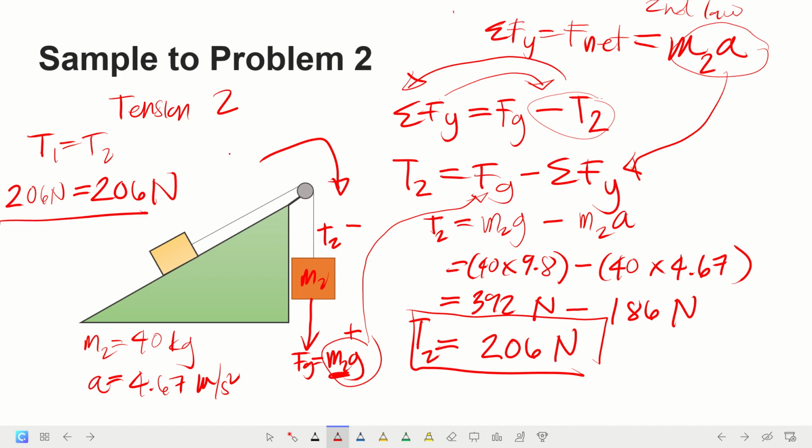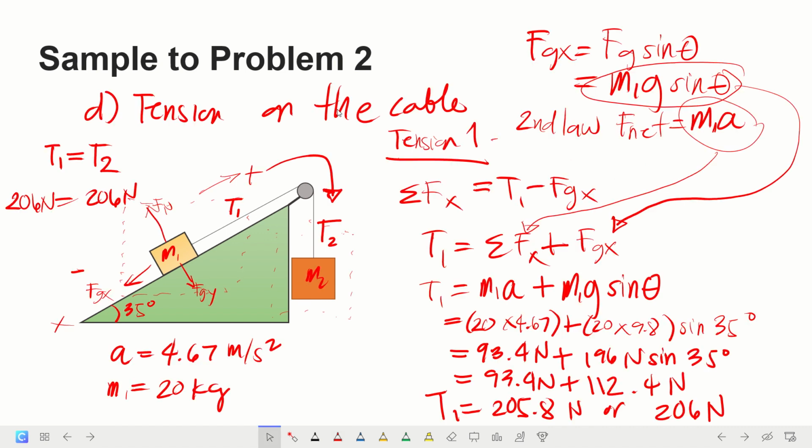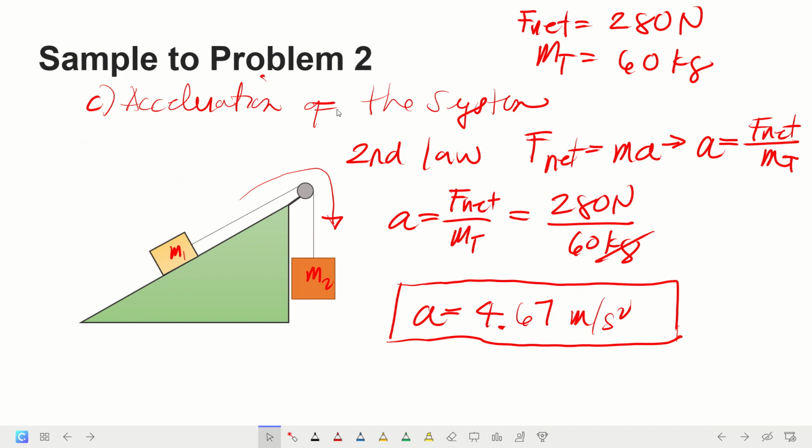So, the tension that is experienced by the cord, so itong tension dito sa string na to, is equal to 206 newtons. So, ang final answer natin ngayon is that, yun na, yung apat natin. So, the tension experienced by the string is 206 newtons. The acceleration of the system is 4.67 meter per second squared.